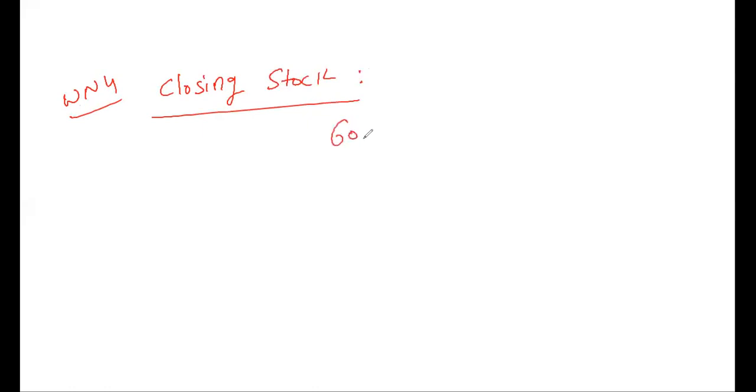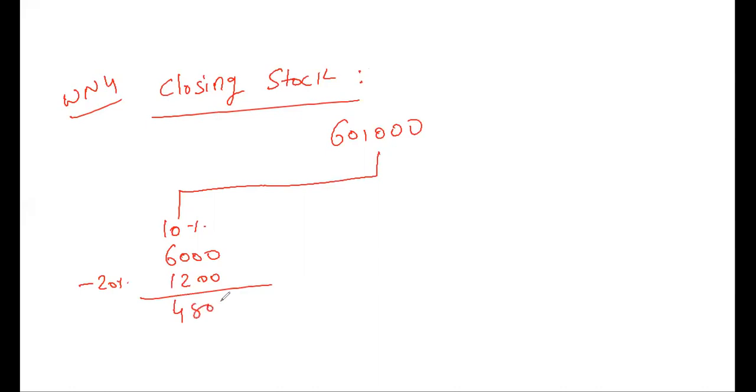Working number 4, which is about closing stock. So total value of closing stock 60,000. 10% of the goods, that means 6,000, is 20% less. So 20% of this 6,000 is 1,200. So this is called book value, this is called market value.